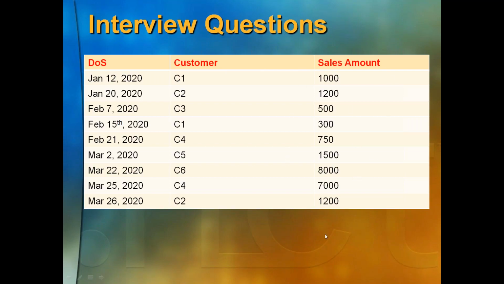There is no question asked on the sales amount. They wanted to know who the new customers are month wise. You need to give the data. Jan, Feb, March, April, like that, you may have a lot of data till December, and you should be able to get this done.